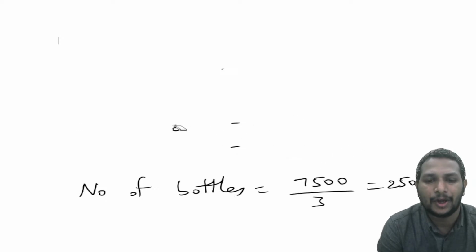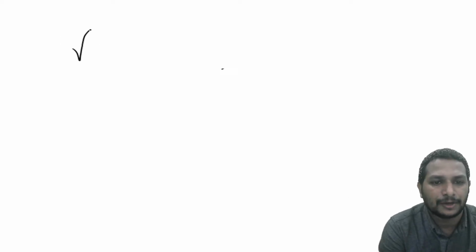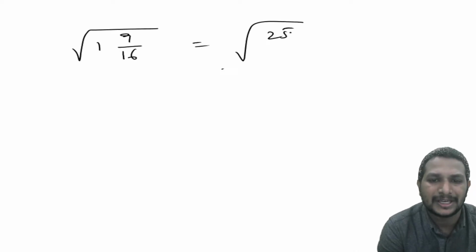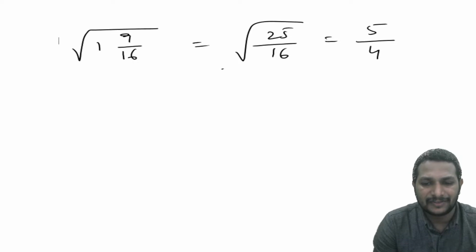First convert it into a normal fraction. 1 9 by 16 means 16 times 1 is 16, plus 9, becomes 25 by 16. So the square root of 25 is 5, square root of 16 is 4. We got the answer as 5 by 4.